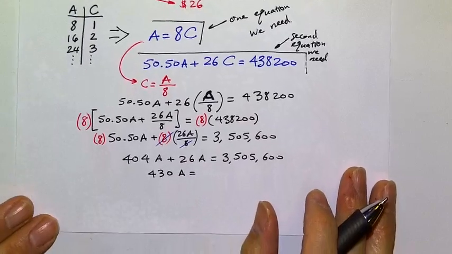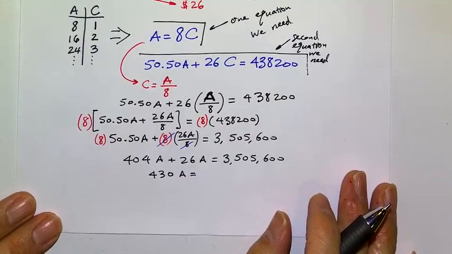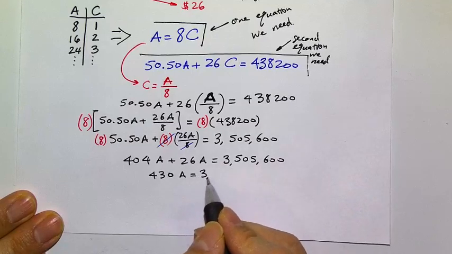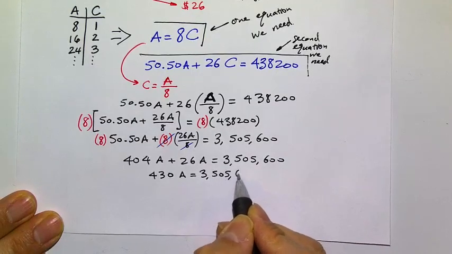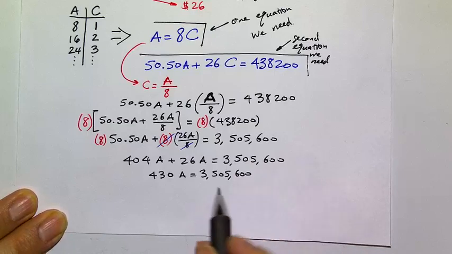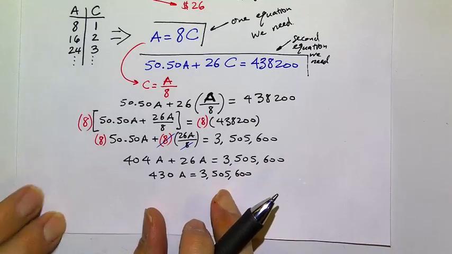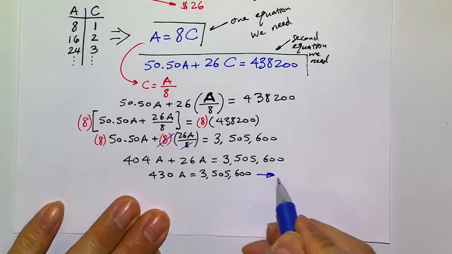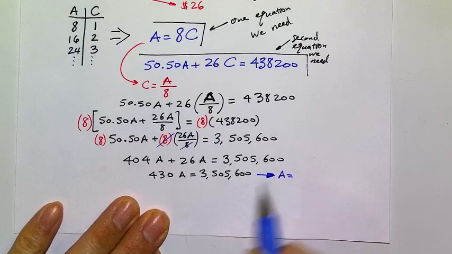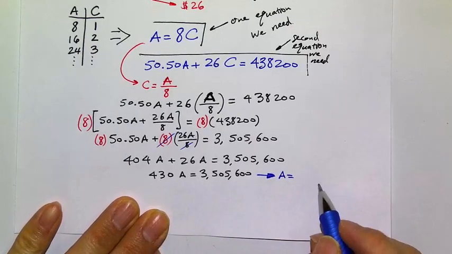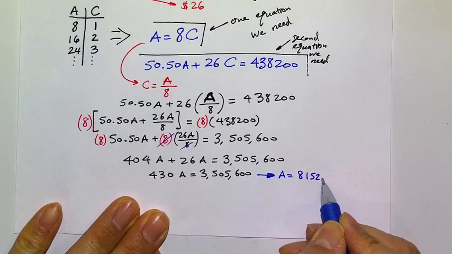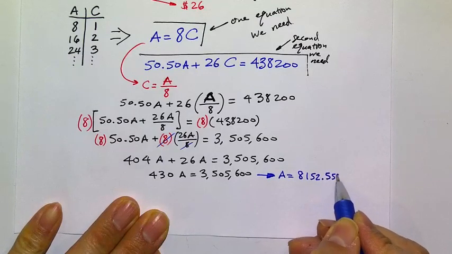As you can see, I'm running out of space. I'm near the bottom of the page. Equals all of that. So we're solving for A, so we need to isolate A. To do that, divide both sides by 430, and we will end up with A equals this divided by 430, which would be 8,152.558.